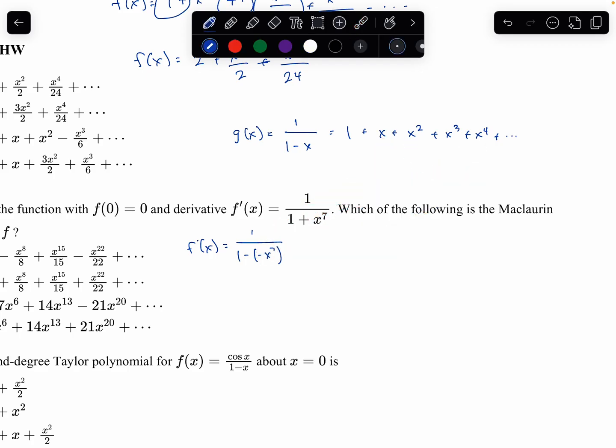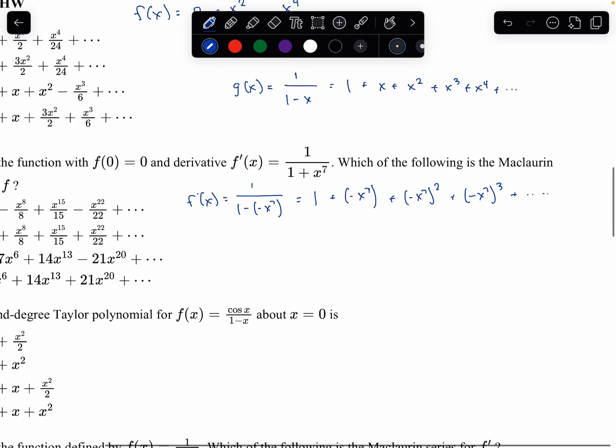So f prime of x is equal to 1 plus negative x to the 7th plus negative x to the 7th squared, plus negative x to the 7th cubed, and so forth. That's going to be equal to 1 minus x to the 7th plus x to the 14th minus x to the 21st plus dot dot dot.